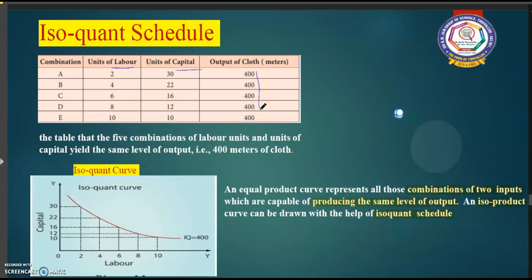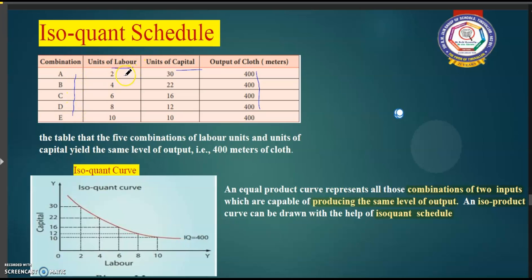Here 400 is the same level of output, but there are different combinations of labor and capital. So 5 combinations of labor units and units of capital yield the same level of output, that is 400 meters of cloth. So here you can see 5 combinations.